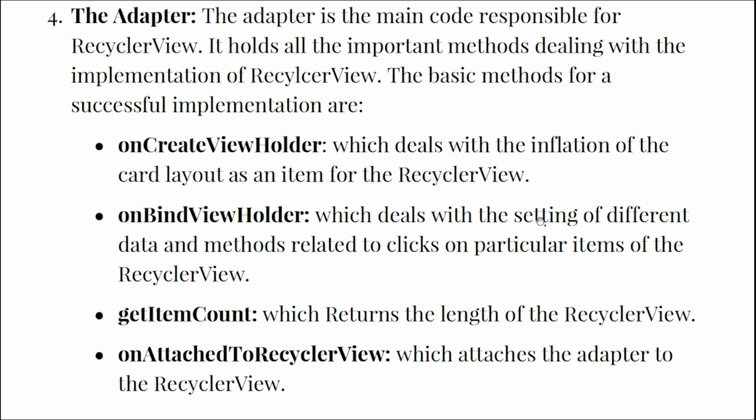Now onBindViewHolder, which deals with the setting of different data and methods related to clicks on particular items of the RecyclerView. So whenever we need to add click listeners, we need to add them here.